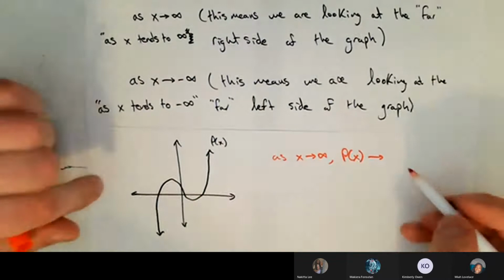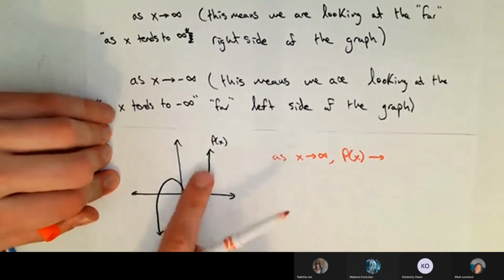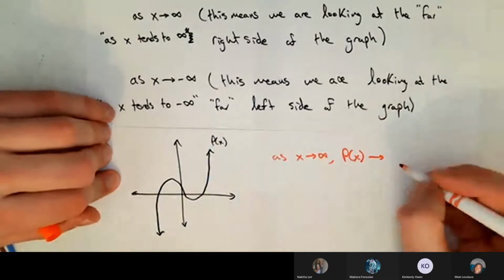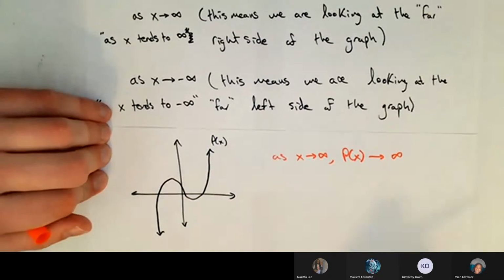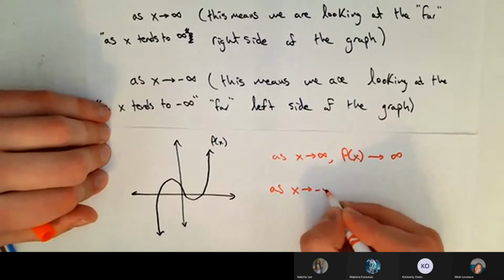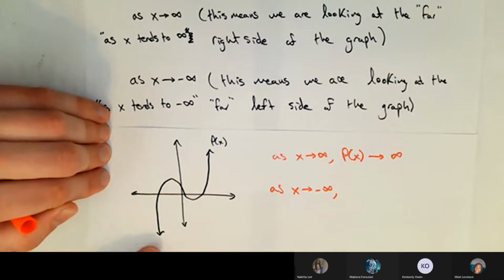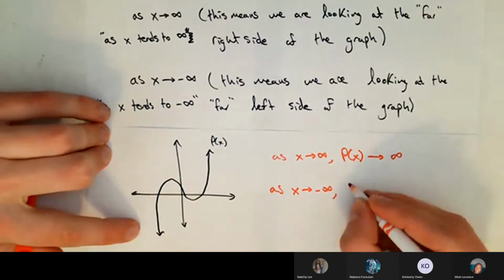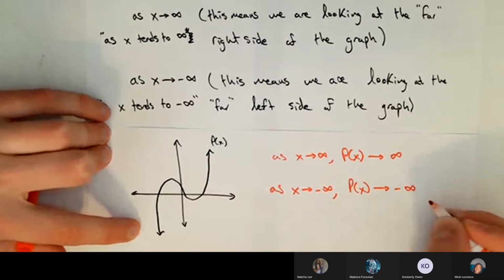So as x tends to the right, far to the right, is P of x tending up or down? Well, clearly it's tending up. And as x tends to negative infinity, so look far to the left side of the graph, P of x is tending towards negative infinity.